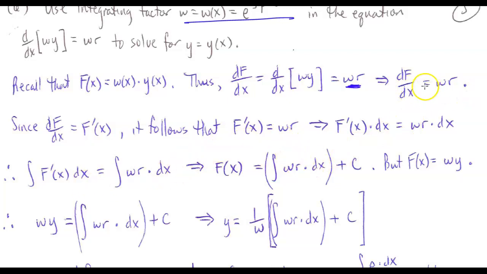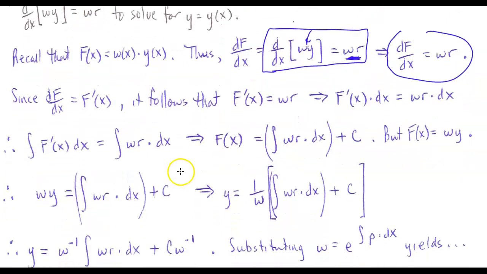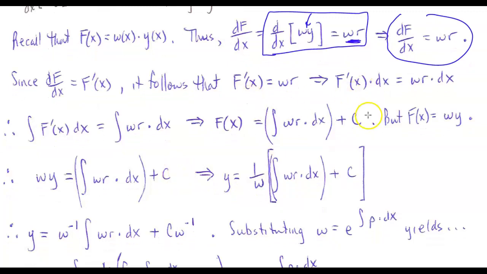And so from here, what I'm basically trying to show through this process that you see down here is that we can actually use this information, mainly this equation here, to solve for what y is after we know what W is. Okay. And so that's essentially what you see me doing right here.